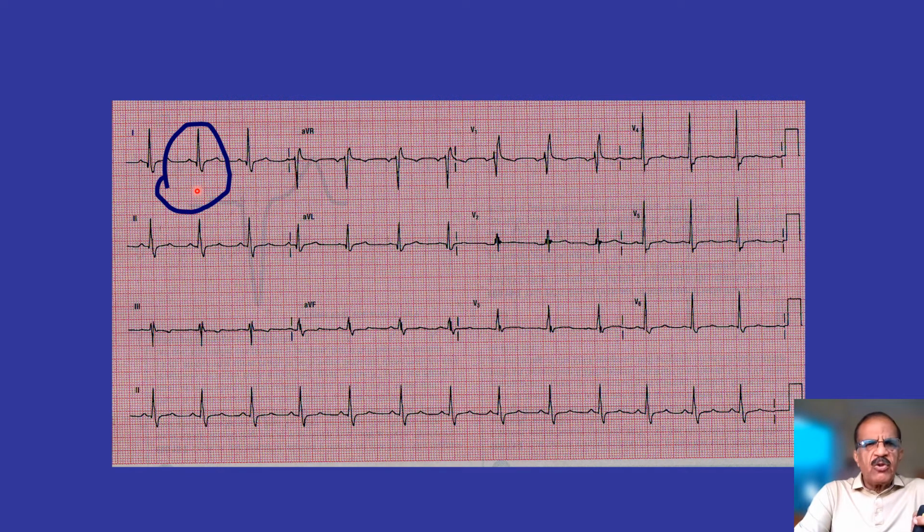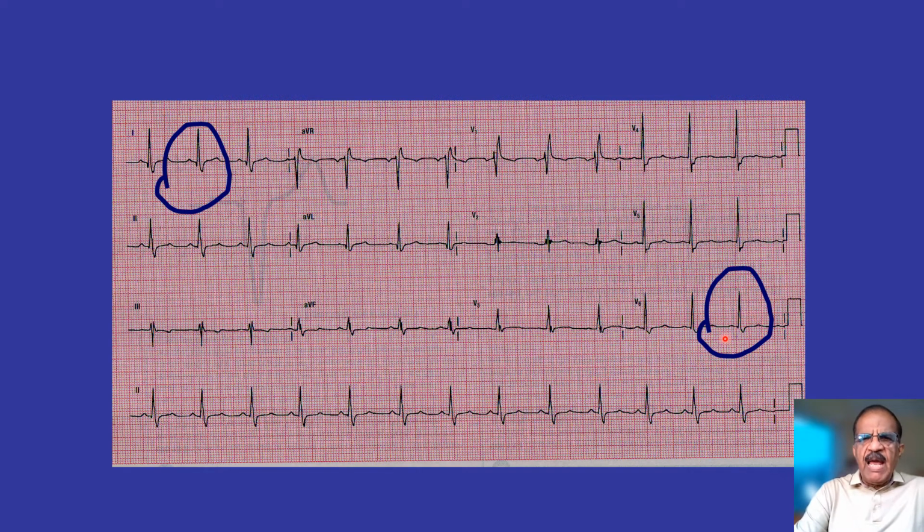So the QRS complex appears to be wide, and there appears to be an abnormal broad S wave at the end of the QRS complex in limb lead 1. And then I draw your attention to lead V6, and in this case the S wave is again wide, because technically limb lead 1 and precordial lead V6 both represent the left side of the heart.